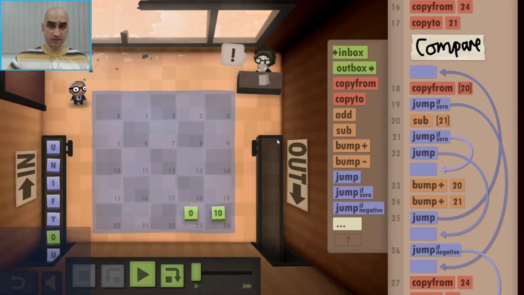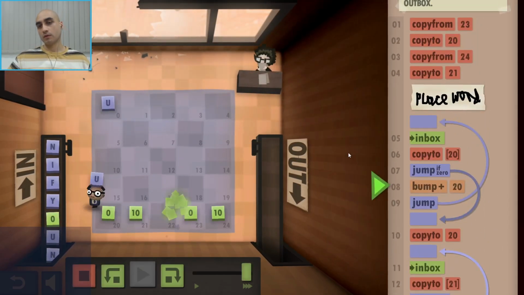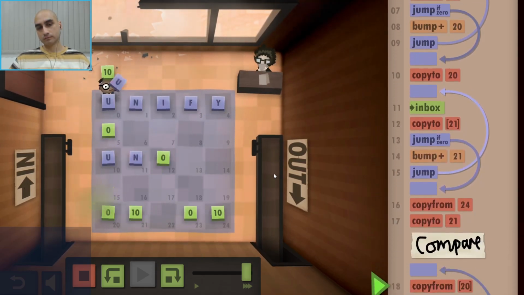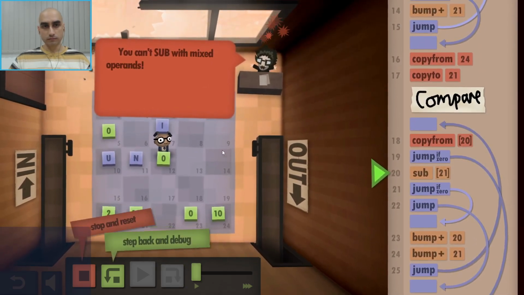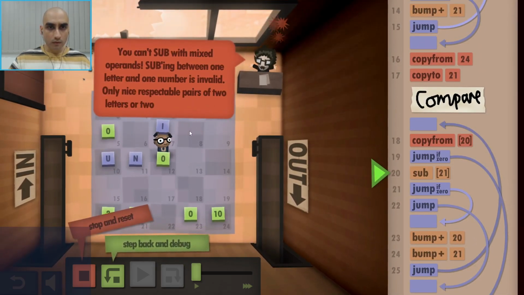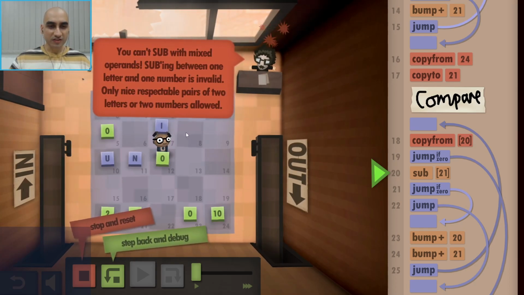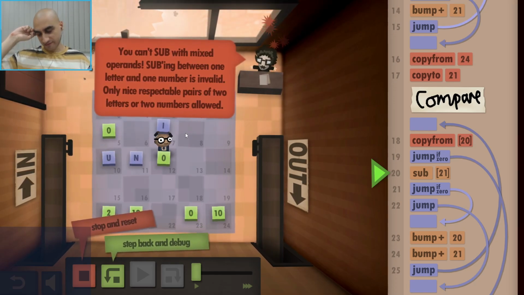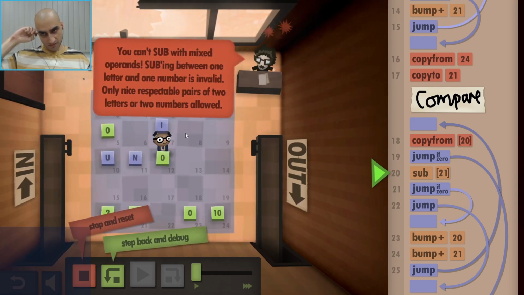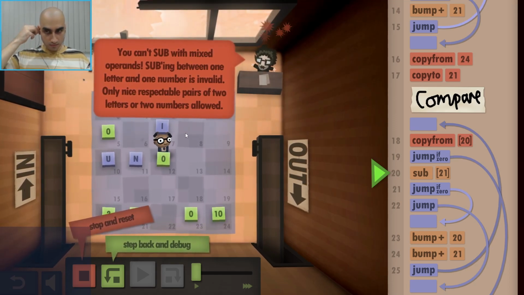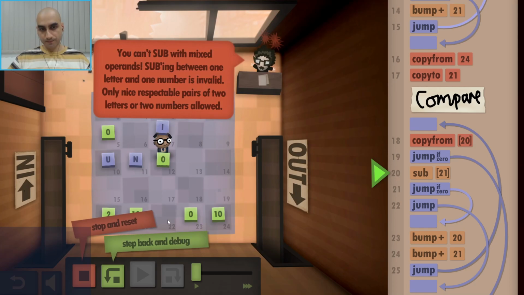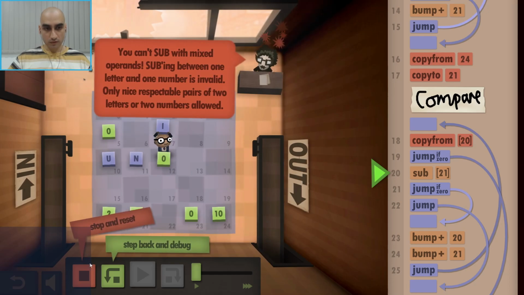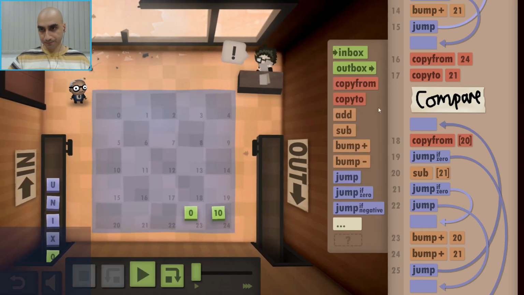So we're already outputting the second word, so that works out. What? You subtract 2 letters and you get a number, but you're not allowed to subtract... okay, damn it. Okay, fine.